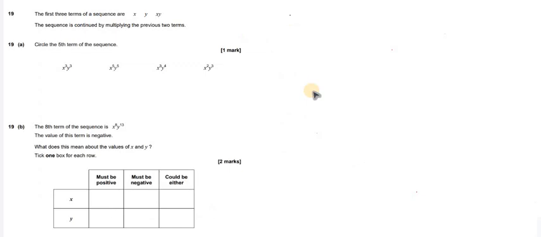Question 19. The first 3 terms of a sequence are x, y, xy. The sequence is continued by multiplying the previous 2 terms. Circle the 5th term of the sequence. We need to find the 4th term first.